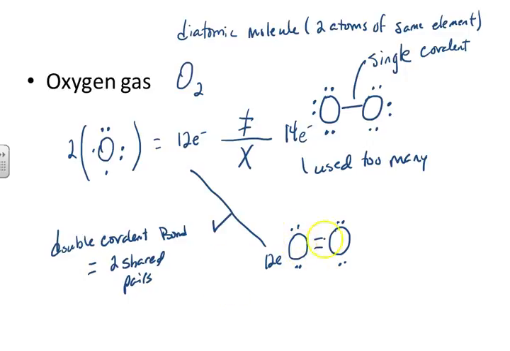Okay, so our method here is going to be, if we use too many electrons, we're going to start inserting multiple bonds. Now, besides double covalent bonds, we also have triple covalent bonds. And this would be 3 shared pairs.